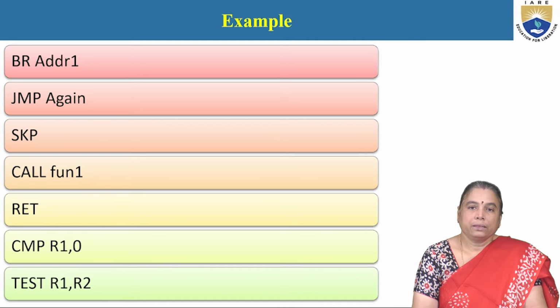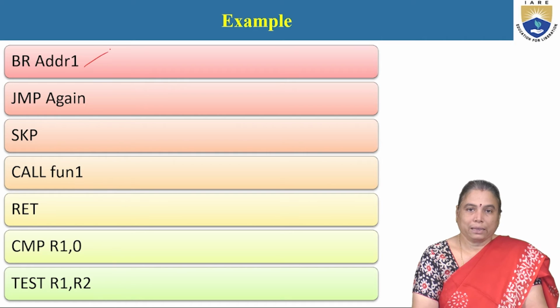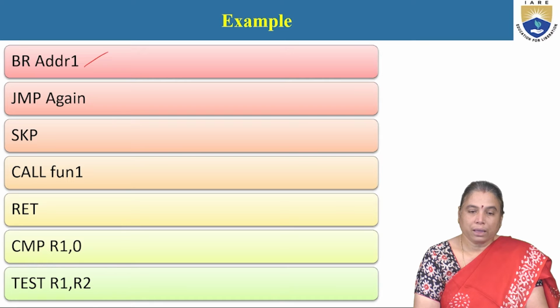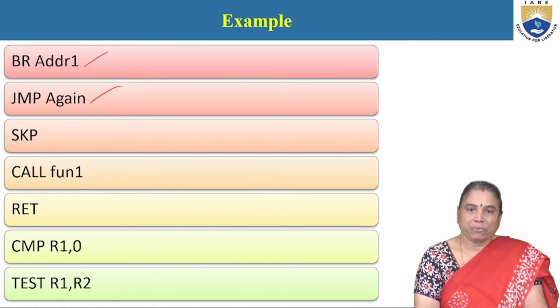How to apply these program control instructions? Branch, and the address or label can be specified. Then at the specific address, the program execution sequence can be altered. JMP label, whatever label is specified. Again, the label is present somewhere in the program segment, and there the control flow can be altered.